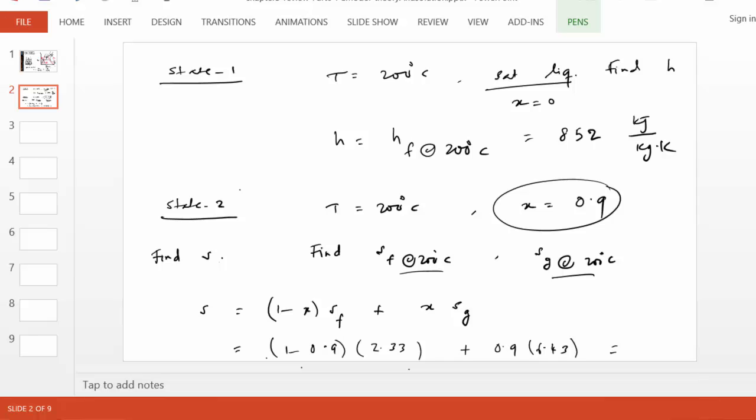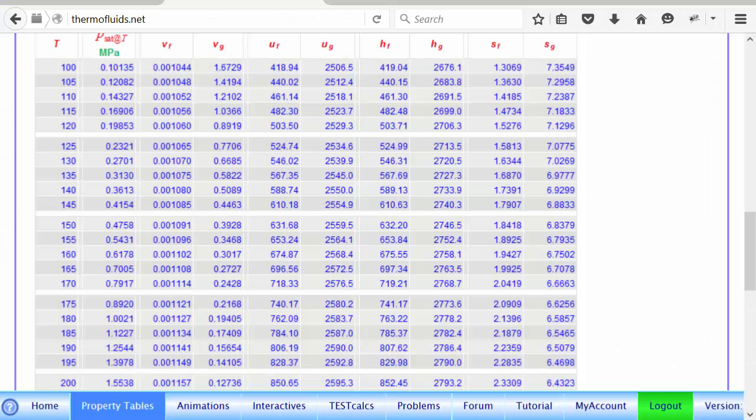Which turns out to be about 4.38. Let's go and verify this again using test calc.